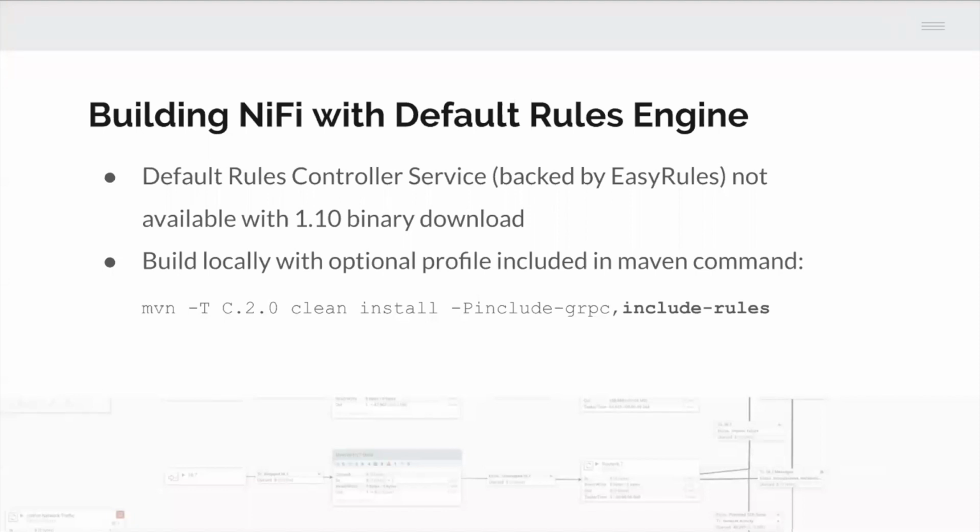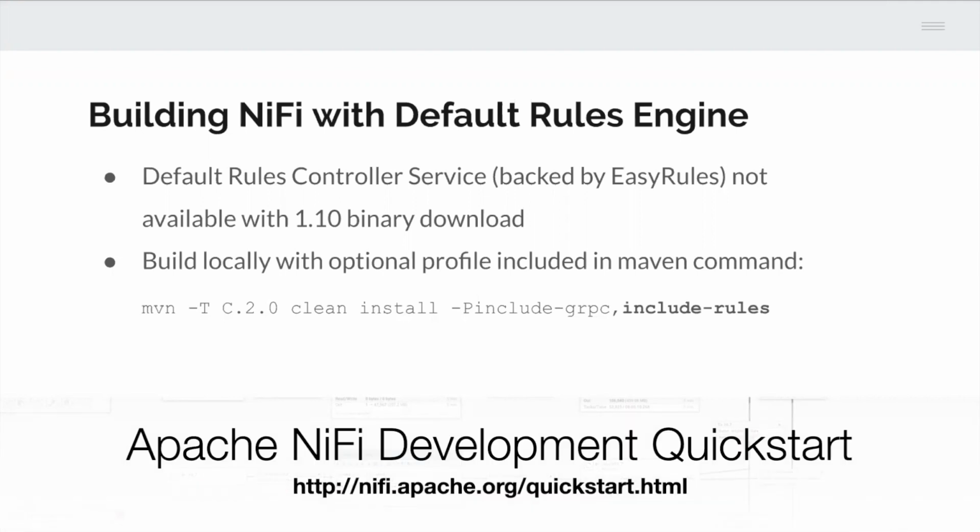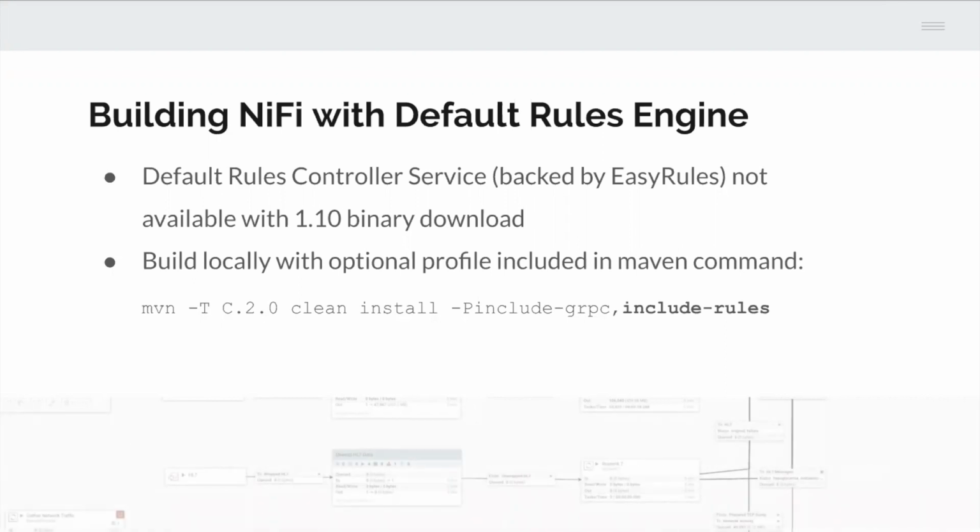So for those of you who are really, really brave and want to download the source code for NiFi, check out the 1.10 tag and compile it yourself. Right here are the instructions on how you do that. You'll use what's already been documented in our quick start link on the NiFi website. I'm showing that at the bottom too, but you want to be able to build, but also add the profile, include rules. And that will make sure that you'll have all the libraries you'll need in order to give this a try.